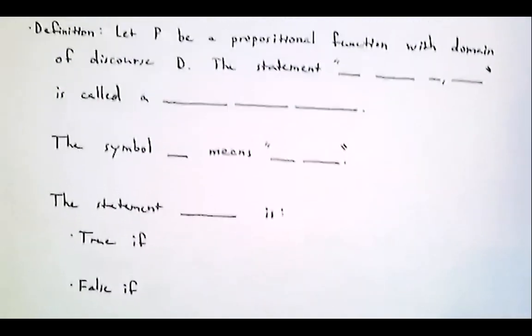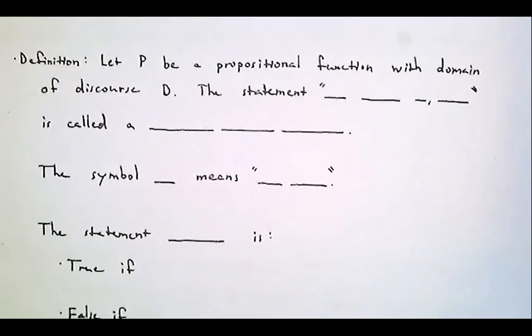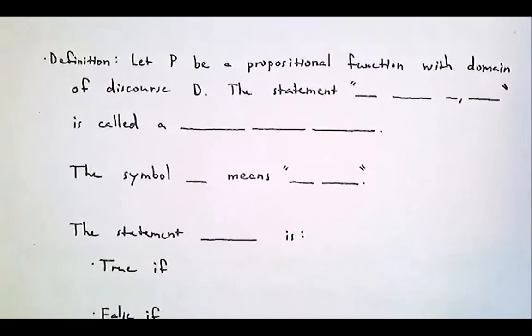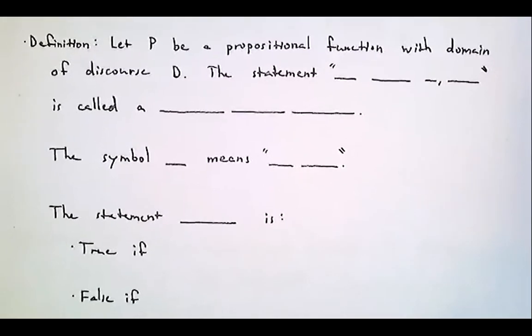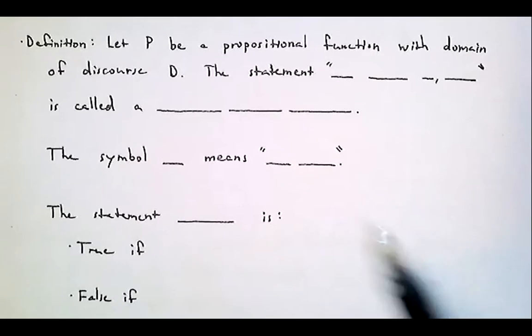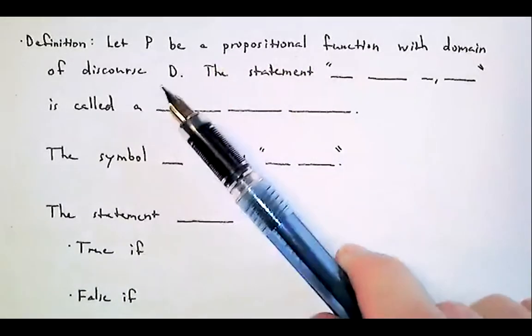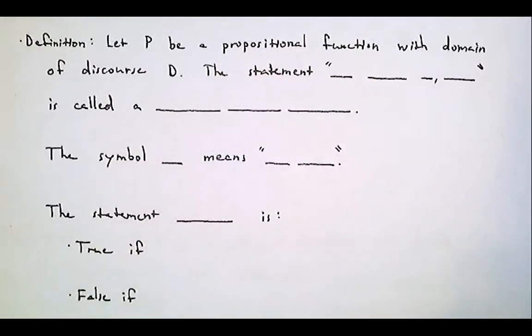Okay, so now that we know what a propositional function is, we can start talking about quantifiers. Okay, so in this definition, we need to start with a propositional function, P, like what we talked about on the last page.